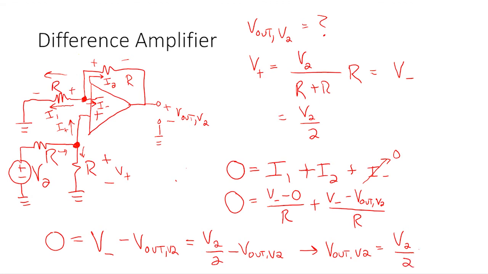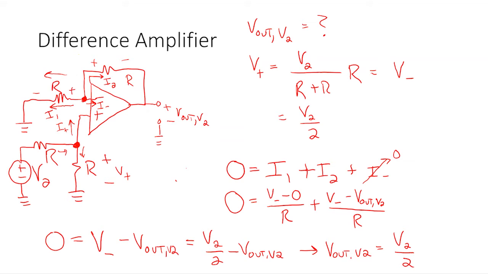Isn't V out in that case just equal to 2 times V minus? You multiply everything. Yeah, but we have a value for V minus in terms of this guy. And actually, V out would be equal to V2.